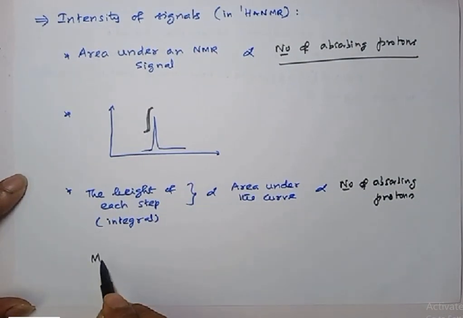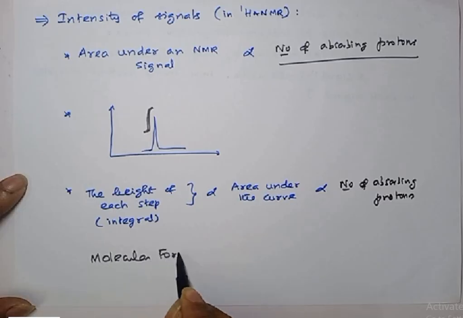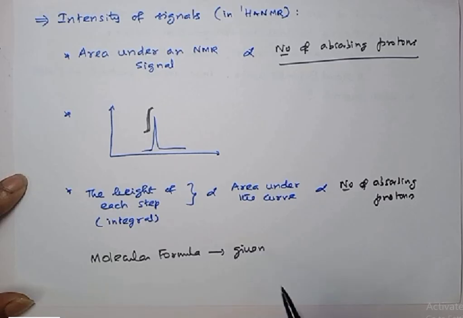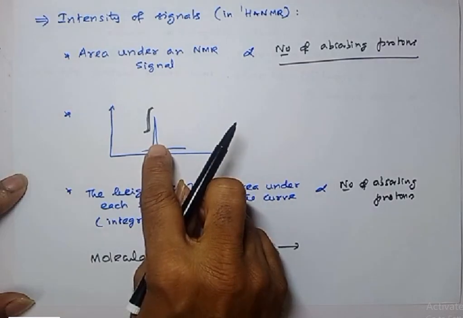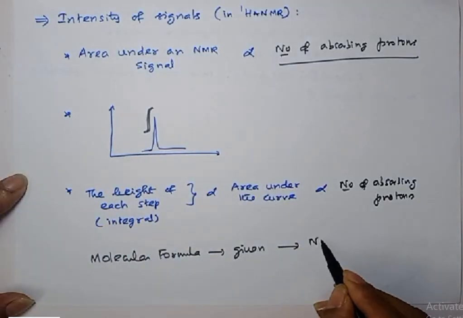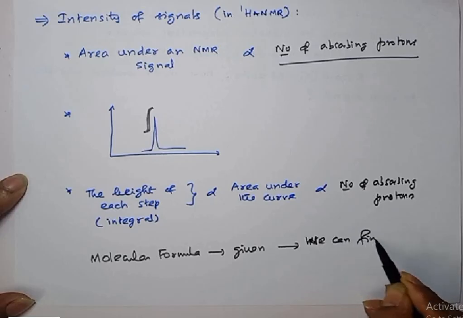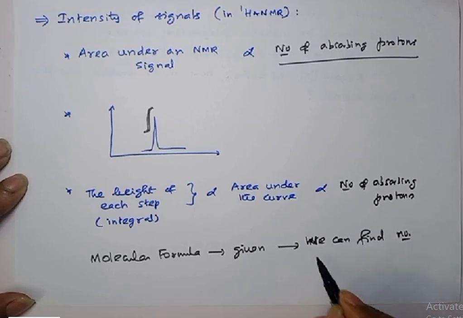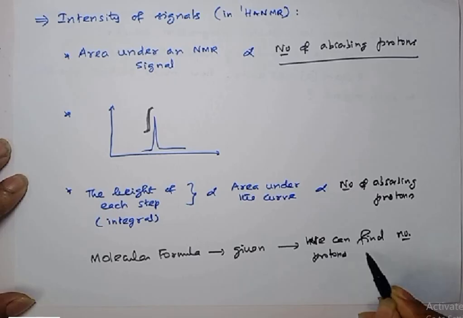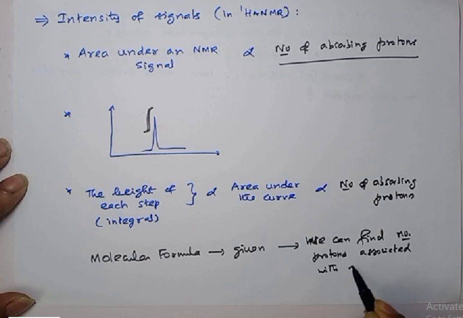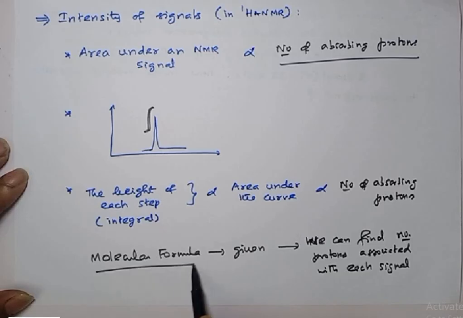If the molecular formula of the compound is given, we can find how many protons are there in each signal. We can find the number of protons associated with each signal if the molecular formula is given.